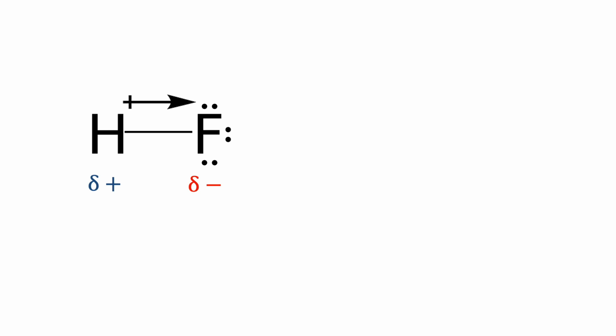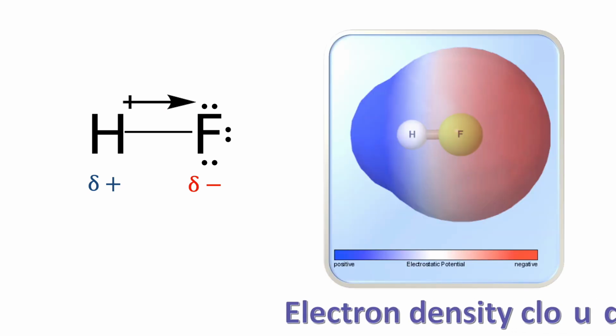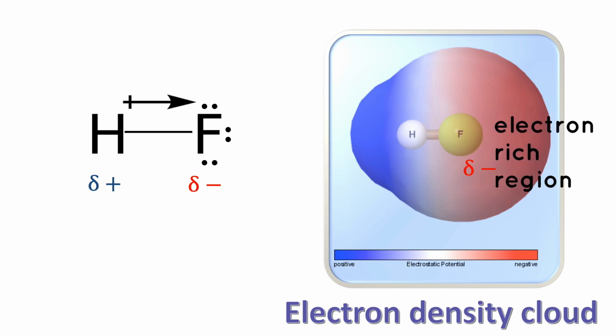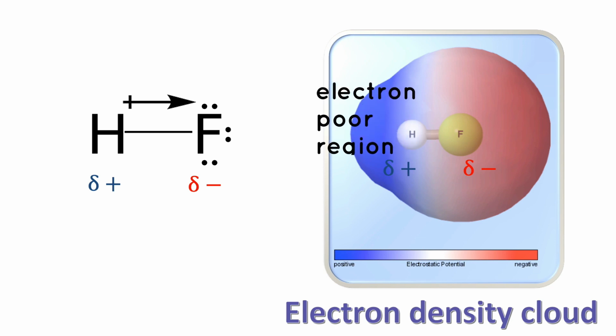This arrow is not like a normal arrow. The positive end here is known as the delta positive region, and the arrowhead here is known as the delta negative region. If we look at the molecule with the electron density cloud, the delta negative region is known as the electron-rich region because the fluorine atom attracts more electron density towards itself, while the delta positive region is known as the electron-poor region because less electron density is distributed on this region.